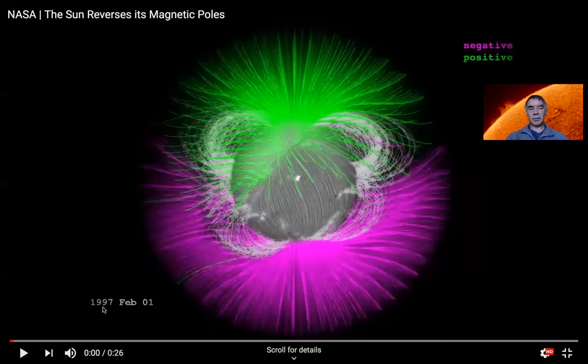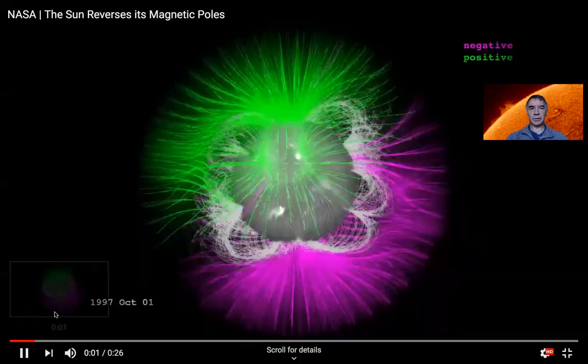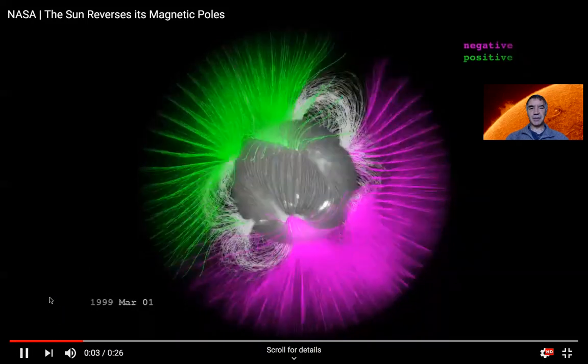Okay, so this is going to flip forward quite quickly. It's going to run for about 12 years. This is real data over 12 years, and you'll see quite quickly that the purple regions of the magnetic field flip over and move to the top. You can see it's very, very active, very complex. But here we go.